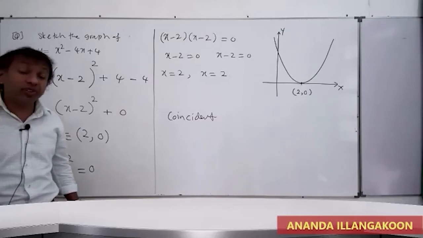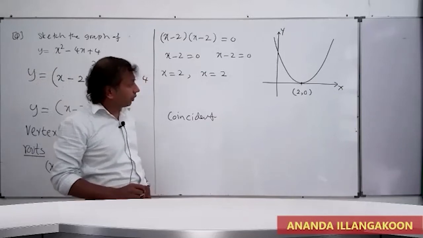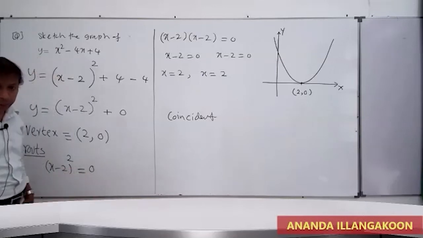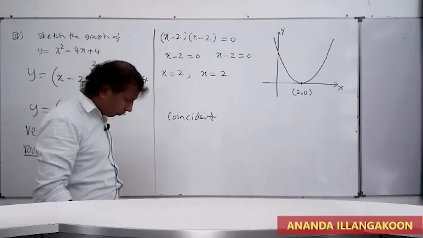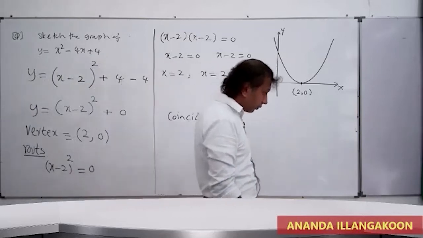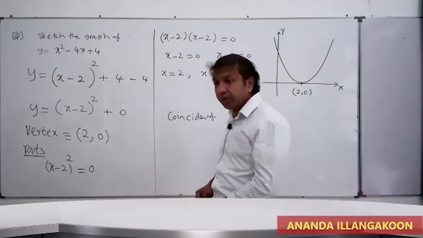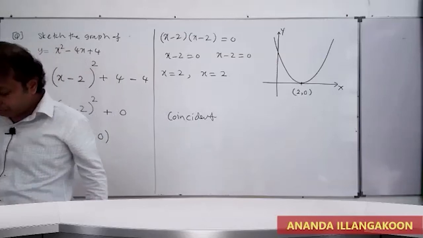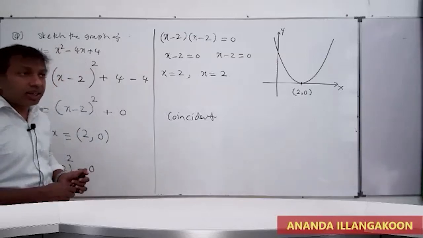Then the second type is that. Write down: when the graph has real coincident roots, its vertex touches the x-axis.